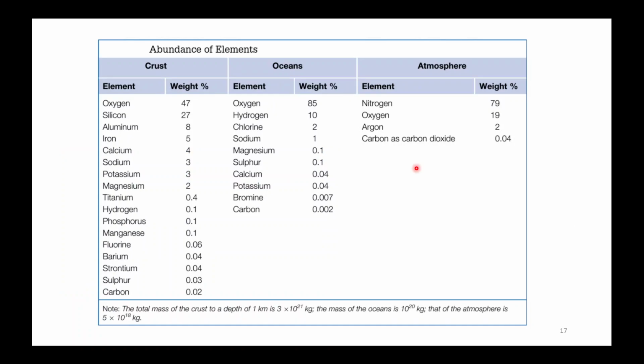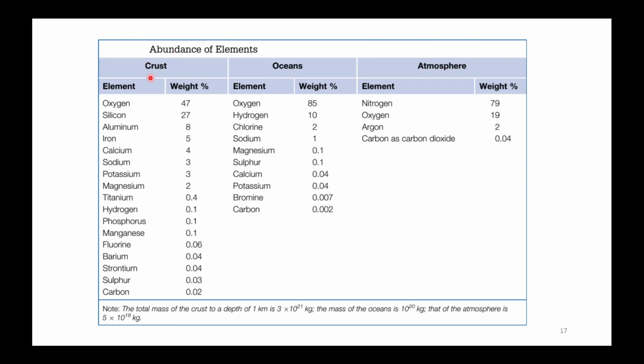Abundance of elements. These are the elements that are abundant. If a certain element is abundant in nature, then it is more likely to be easier to extract and use in certain applications. For example, for antimony and these types of elements, which are hard to obtain, we are less likely to use them for a particular application, and we are more likely to use aluminium, iron, these types of elements.